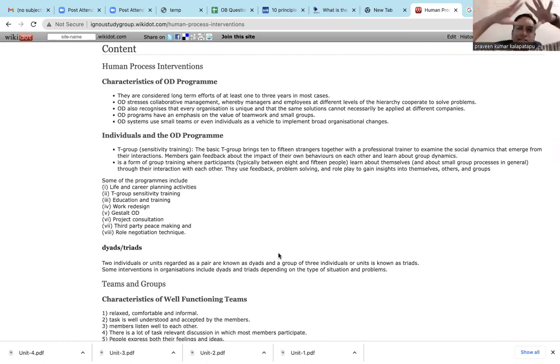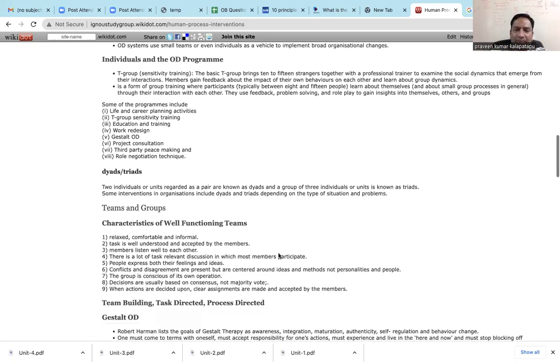It emphasizes teams, groups, small groups, etc. It is actually a very broad vehicle which is trying to see the entire system together. So these are some of the characteristics. The detailed characteristics are covered better in the other units, so this is a repetition and a smaller point as far as the OD program is concerned. Okay, so next is individuals and OD program.